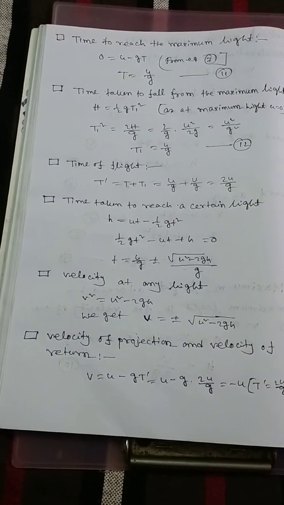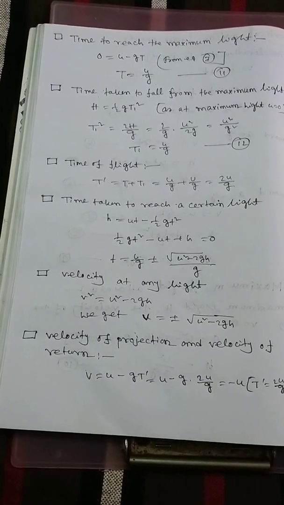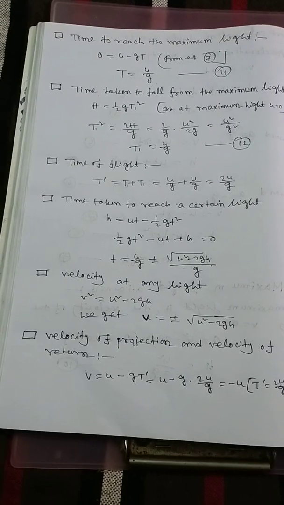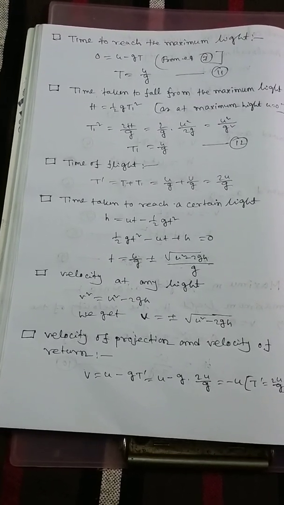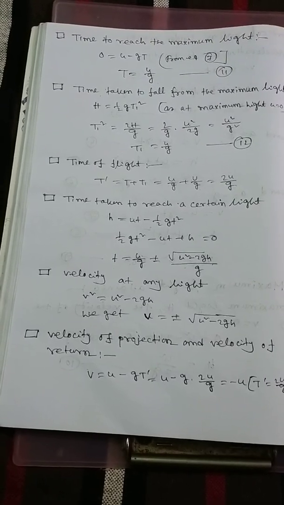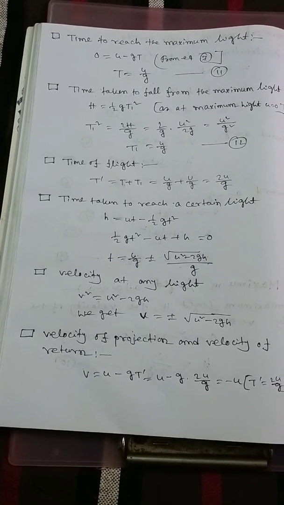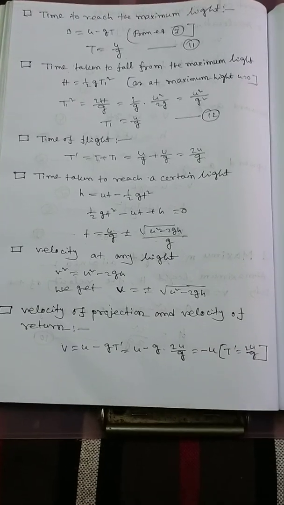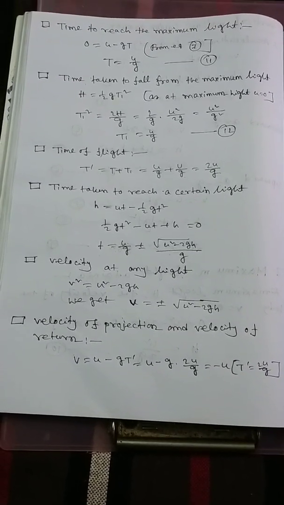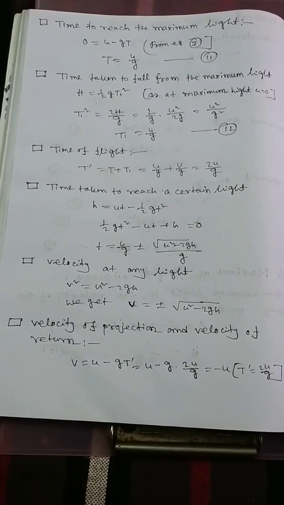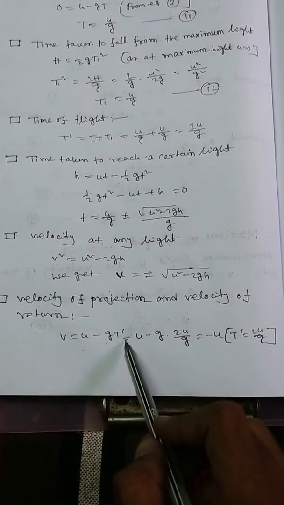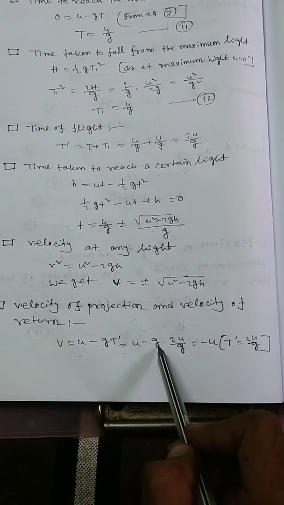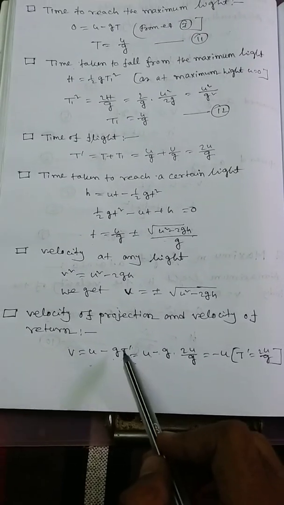Velocity of projection and velocity of return. Let u equal the velocity of projection, v equal the velocity of return, and total time of flight equal t prime. From equation 7 we can write v equals u minus g t prime.